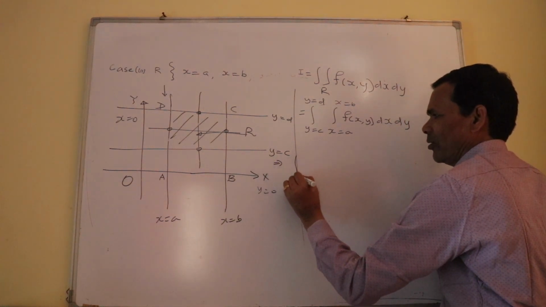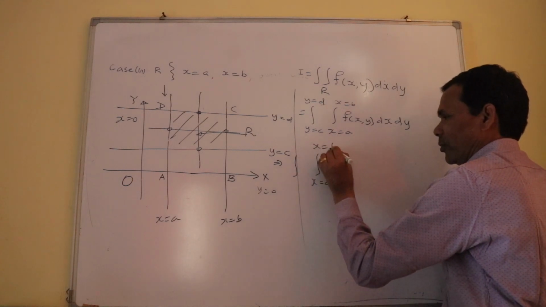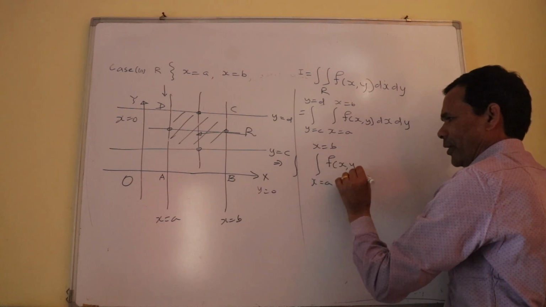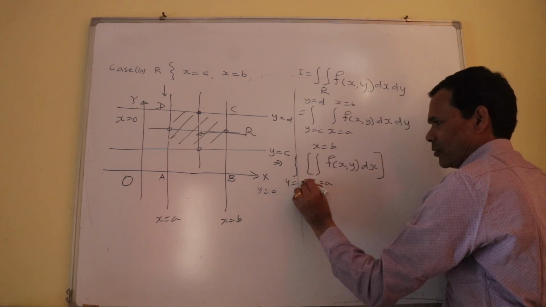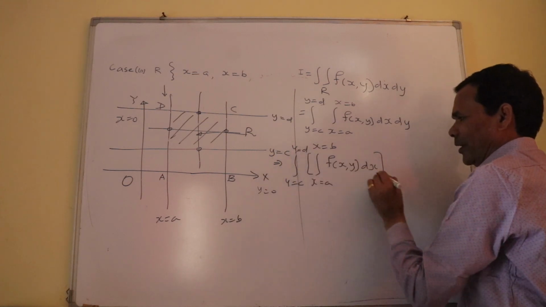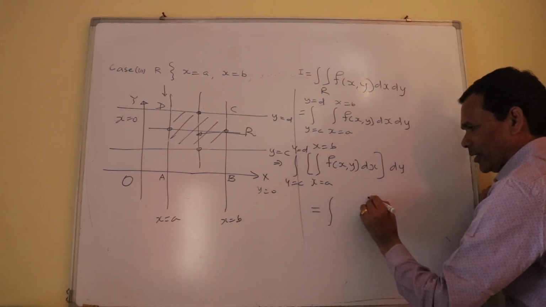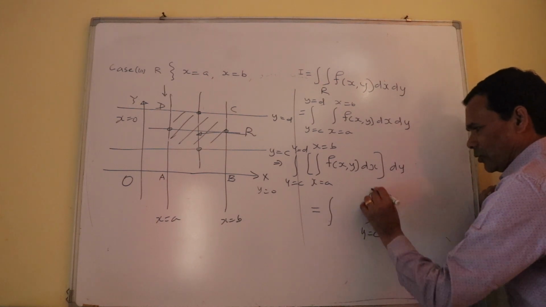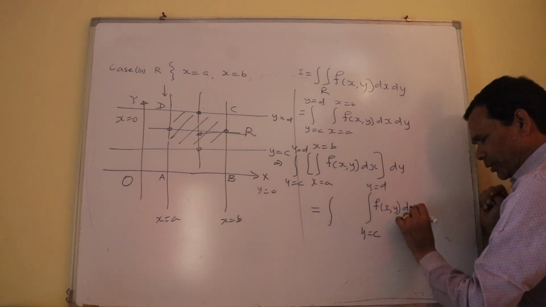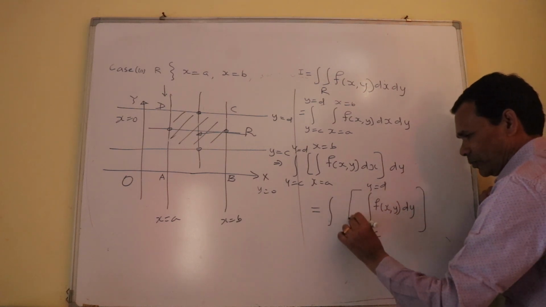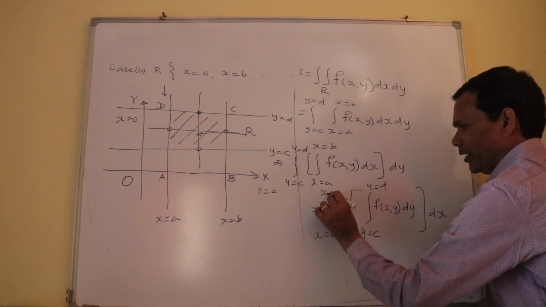This implies I just write it like this: x is equal to a to x is equal to b, f of xy into dx, and then y is equal to c to y is equal to d into dy. This always equals, so it is something like this, y is equal to c to y is equal to d, f of xy into dy, and then with respect to x, with limits x is equal to a to x is equal to b.